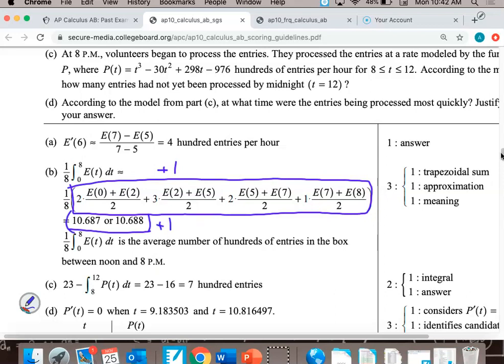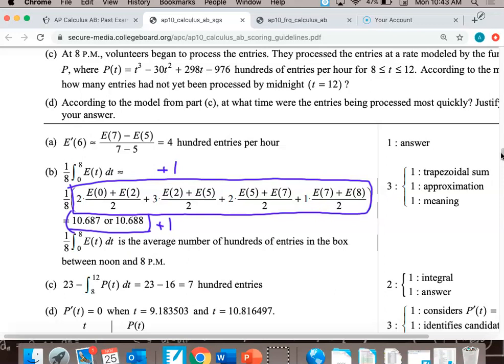This last part I haven't taught you yet. So what does it mean when you take an integral and divide it by the width of the interval over which you're integrating? Remember, area of a rectangle is width times height. So if an integral gives you area, and we take the area and divide out the width, what we're left with essentially is a height.